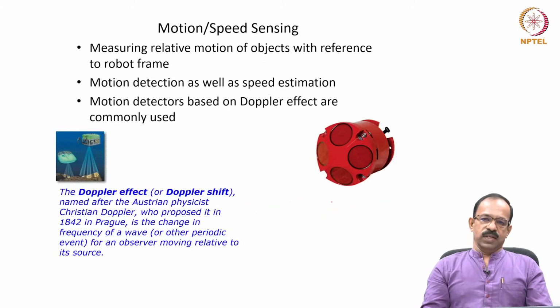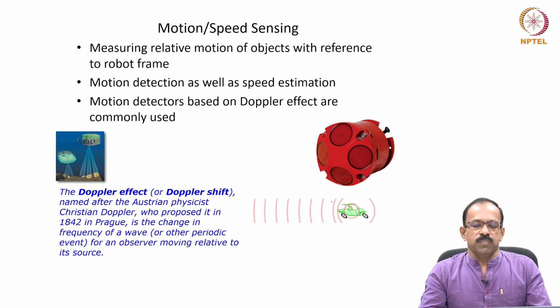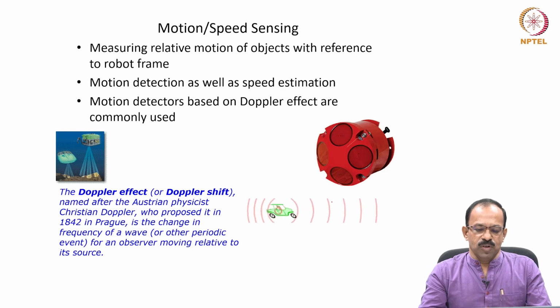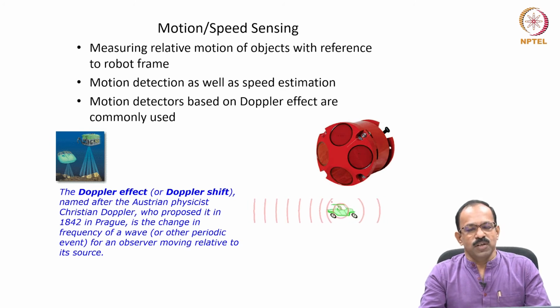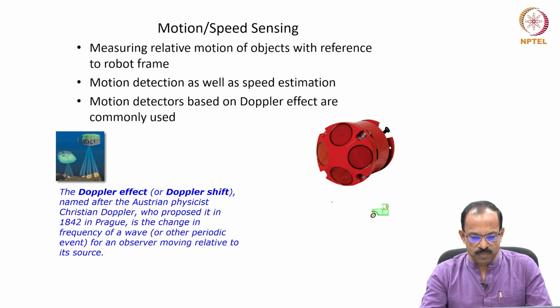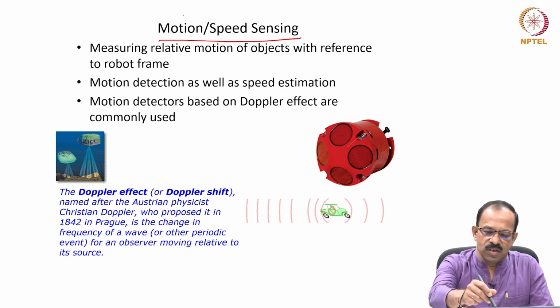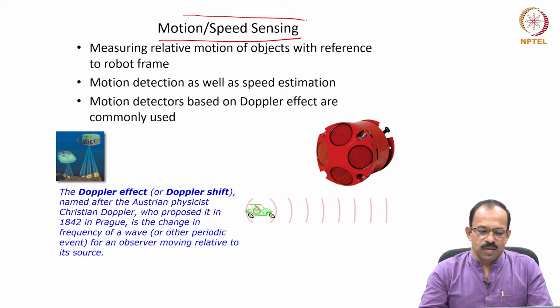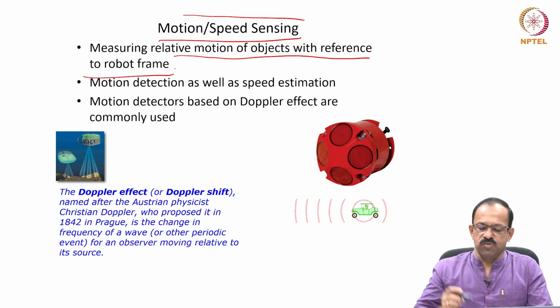Okay, so that is about the range sensing. Apart from position and range sensing, we want to have direct velocity sensing also, not by using accelerometers, but using some other sensor which is more of an exteroceptive sensor. So, we can measure motion or speed using sensors by measuring the relative motion of objects with reference to the robot frame.